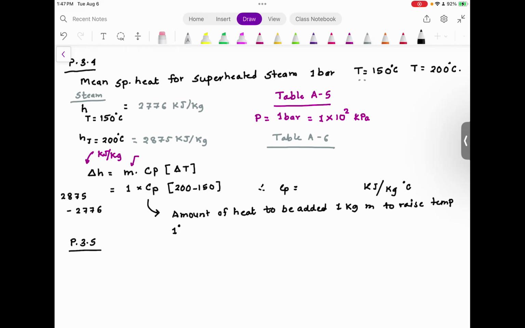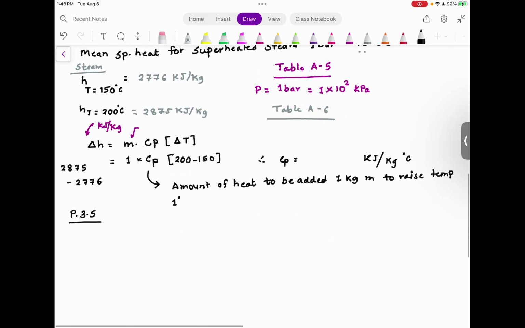Next problem is P3.5. Identify the type of steam in the following three cases using the steam tables and necessary calculations. I want you to tell me the answers.